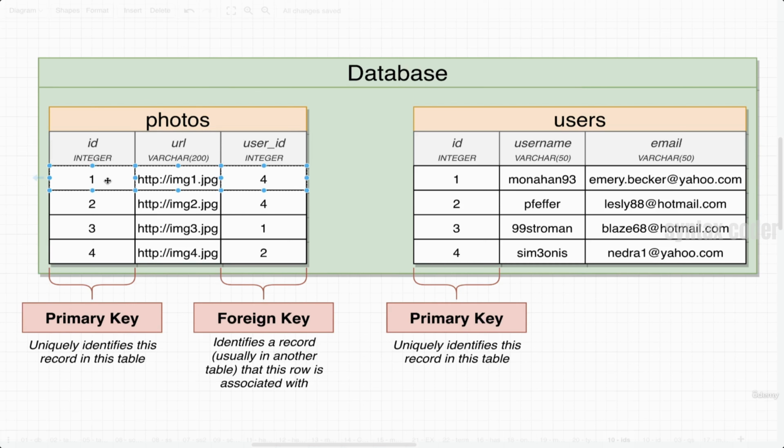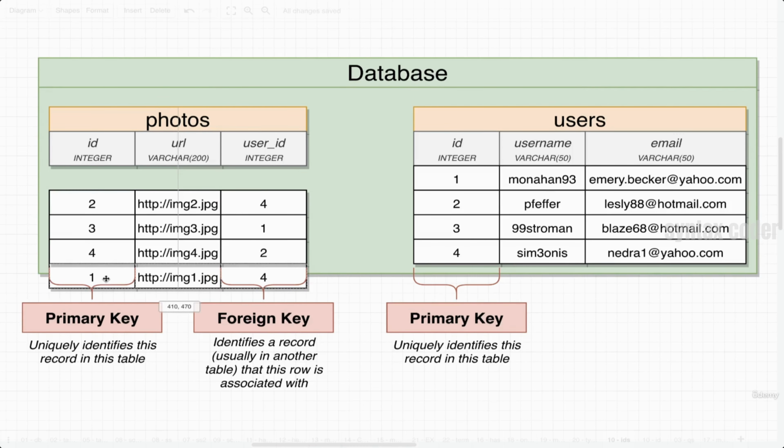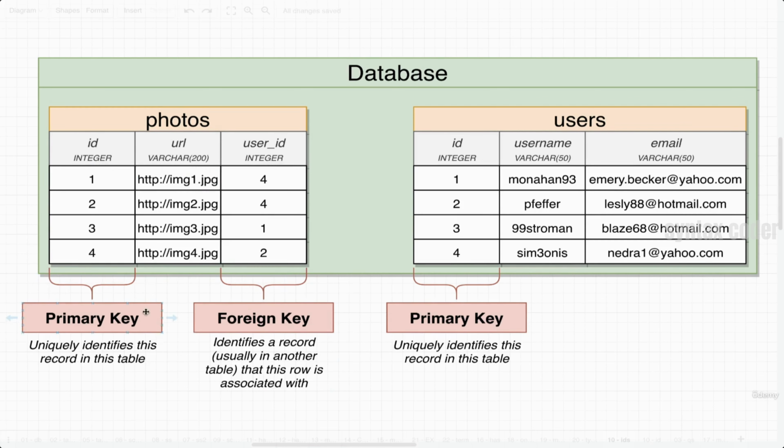Even if we sort the values inside this table, and maybe that row ends up down here, if I ask for the row with ID 1, still, I'm going to always get exactly that row. So the goal of a primary key is to uniquely identify this row inside of a table. The ID is always unique, and it's never ever going to change. That's our first little piece of additional terminology.